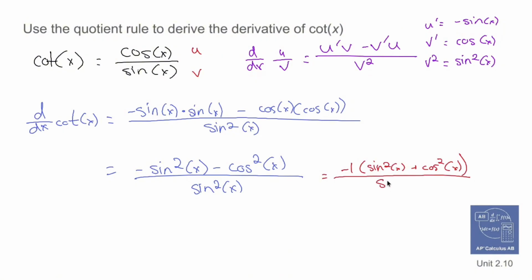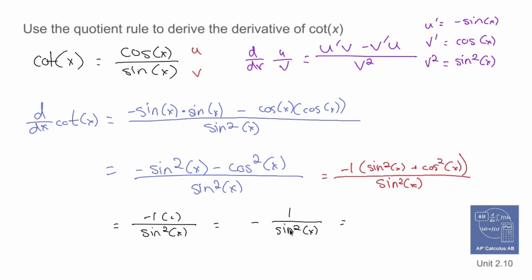Well, there's a Pythagorean identity that says that sine squared x plus cos squared x is just 1. So I get negative 1 times 1 up here over sine squared x. Negative 1 times 1, let me get out my calculator, is negative 1, so let's pull the negative out, and that leaves me with negative 1 over sine squared x.